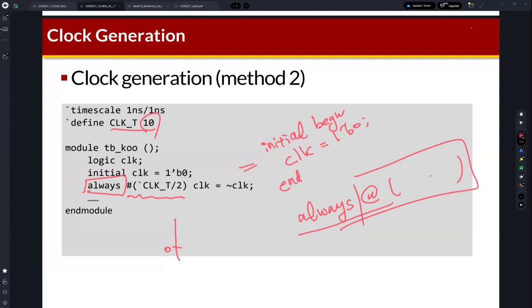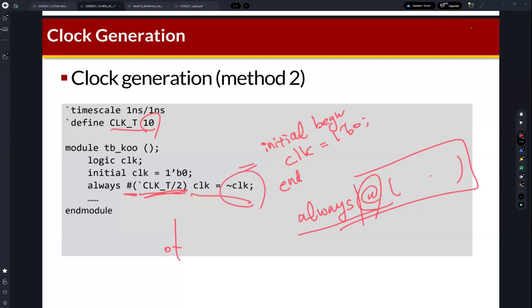But instead of at, I use the sharp sign, so it represents delay. So always means that at this delay, the clock is inverted.